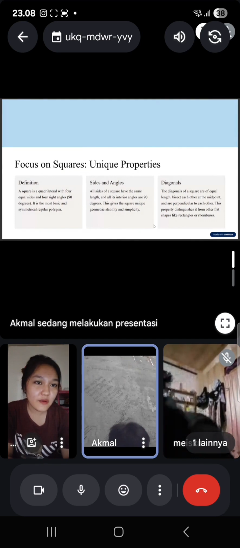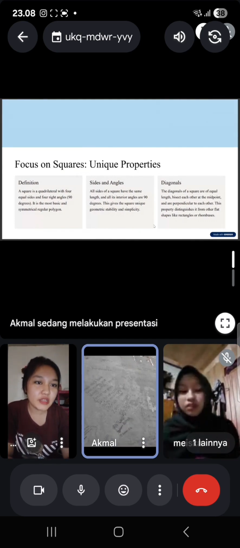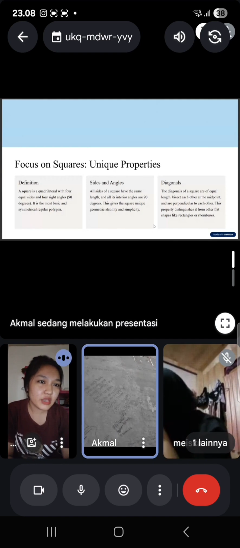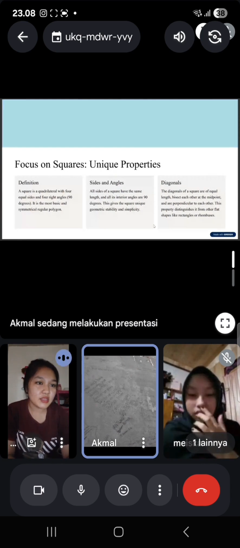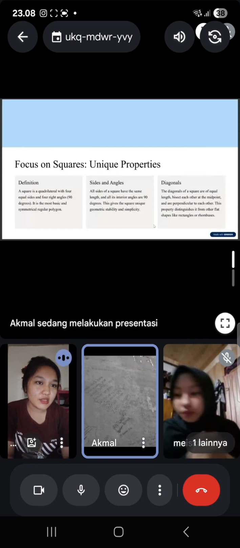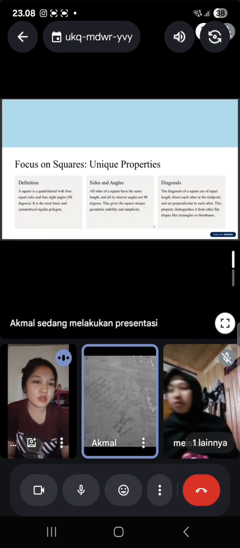Focus on squares' unique properties. Definition: a square is a quadrilateral with four equal sides and four right angles, 90 degrees. It is the most basic and symmetrical regular polygon.